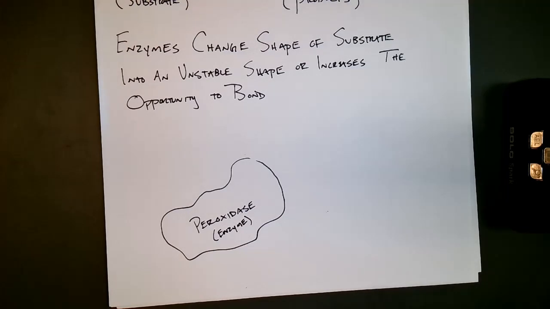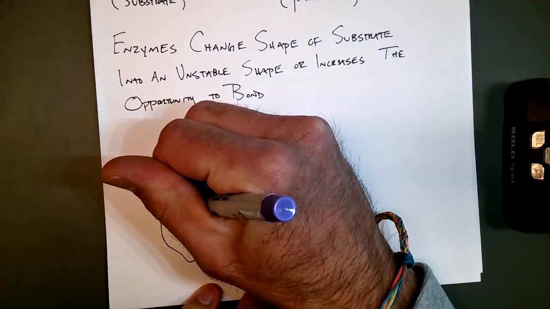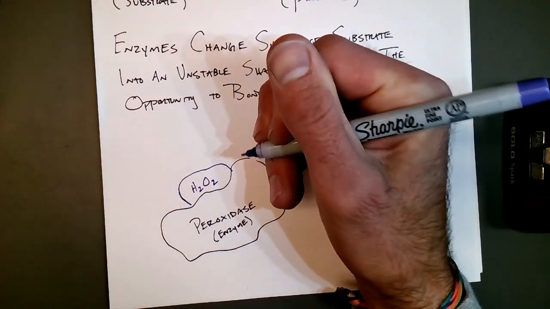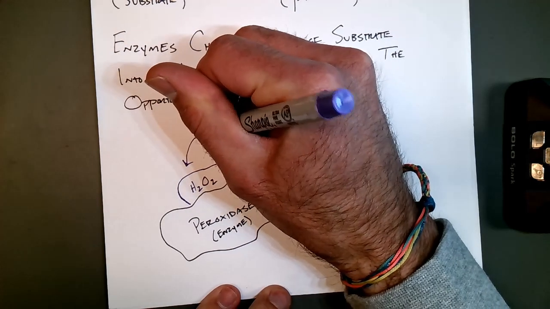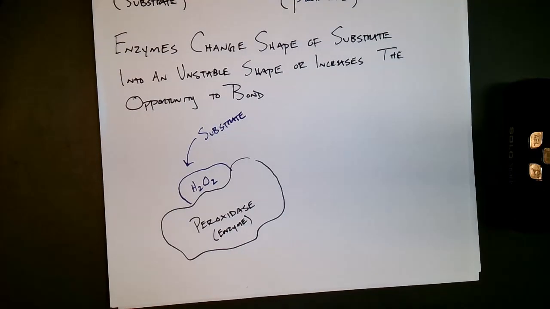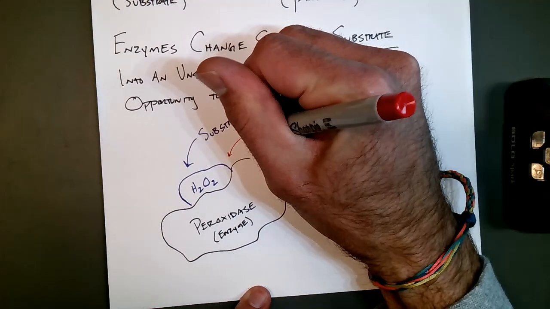And our substrate is going to be hydrogen peroxide. So we'll say this is H2O2. So this is our substrate. And the site at which the substrate binds to the enzyme, we call that the active site.